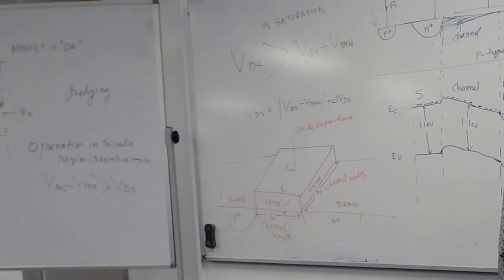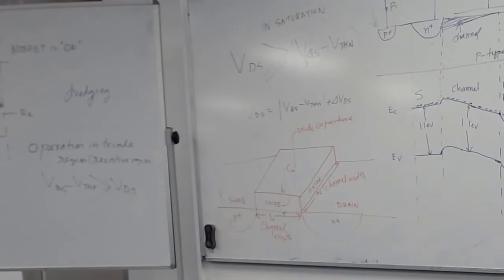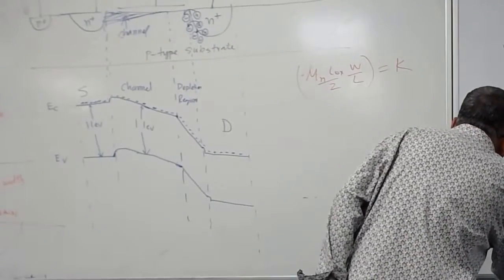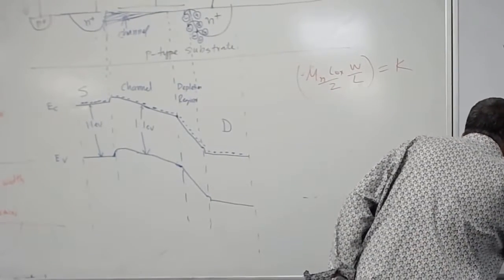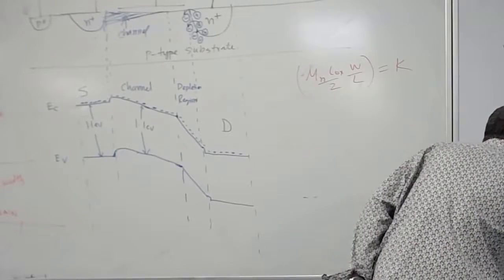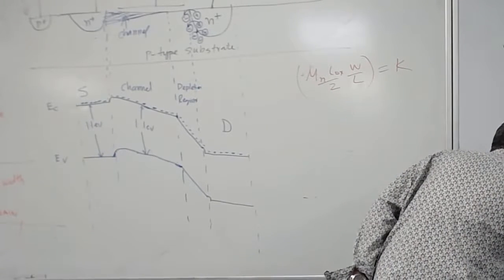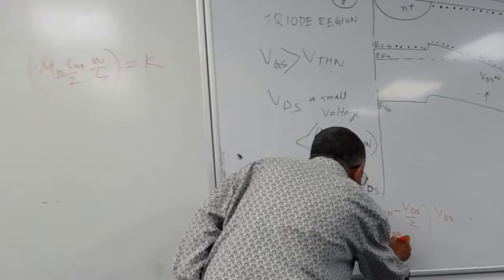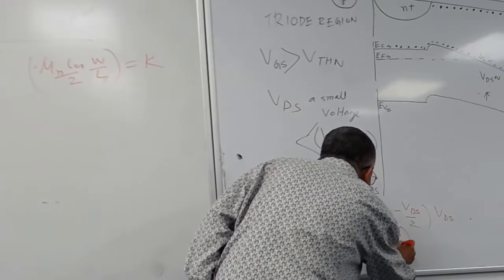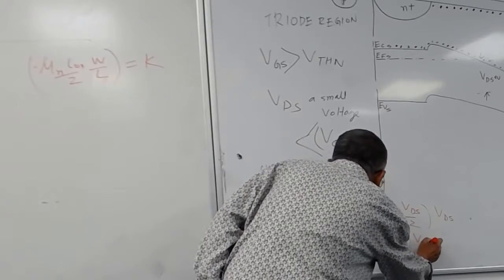This is called K. So to simplify for our secondary level, we just call it K. And so this will become twice K. This is VGS.